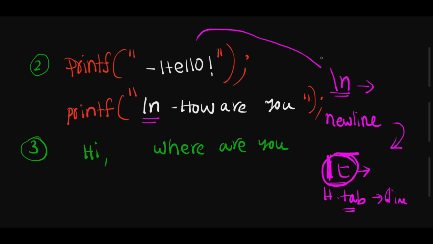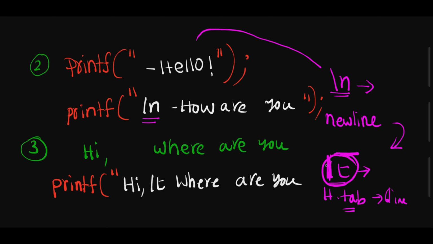How to write this? printf, double quotations. The double quotation must be required. So we are going to write hi, comma, \t. \t is not printed in the output, so in place of this, we are writing where are you.